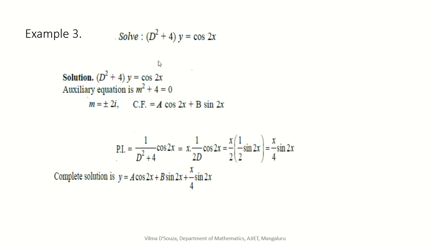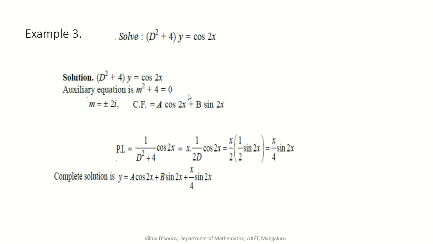The next problem you have here is: solve d square plus 4 of y is equal to cos 2x. Very simple here. First you write down the auxiliary equation. What is the auxiliary equation? M square plus 4 equal to 0.